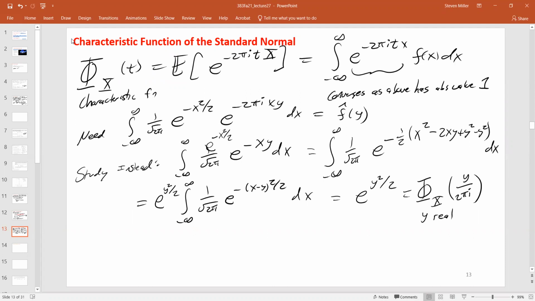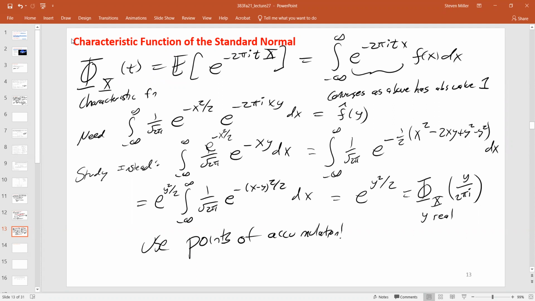I want to do this for arbitrary y. Can I drop the restriction that y is real? Why? I'm sorry? Points of accumulation. So use points of accumulation. So we now have the result in general.